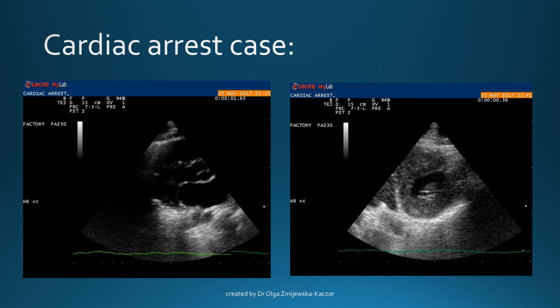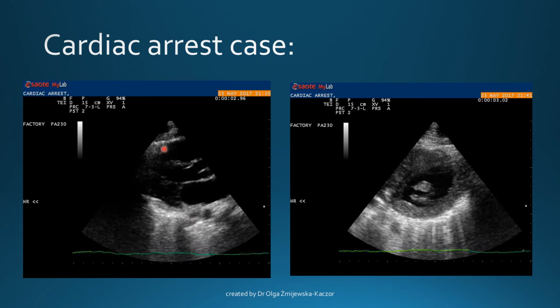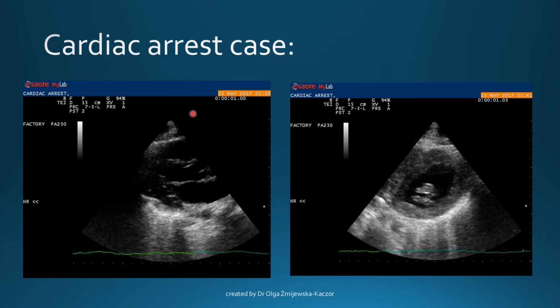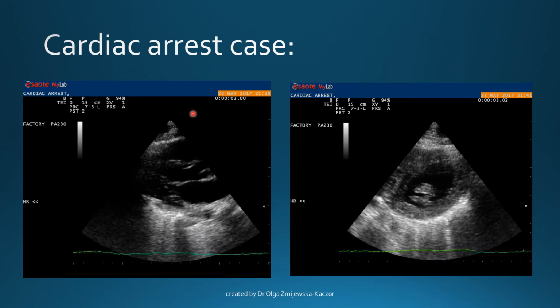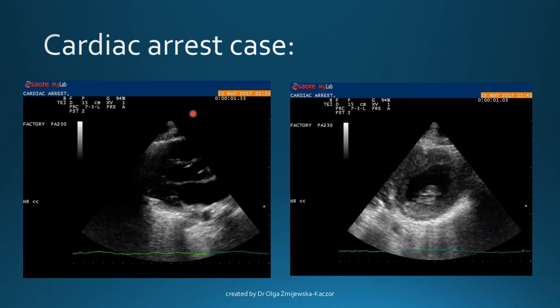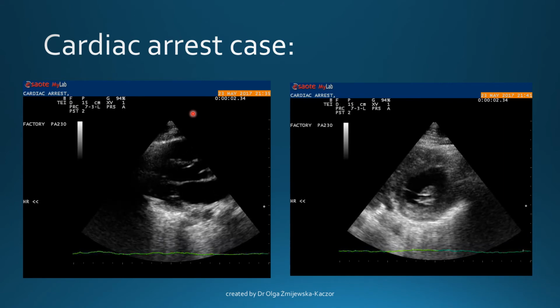Now we have a few peri-arrest cases. On the first picture, you can see the pseudo-PEA. This patient has a heart rate on the monitor, but there was no cardiac output at all. We thought it's a true PEA. However, when you put the ultrasound probe on, you can see the heart is trying to contract.